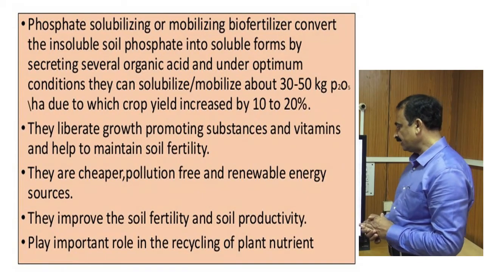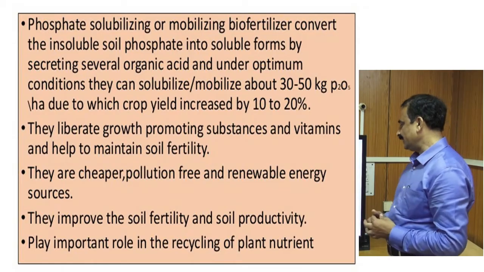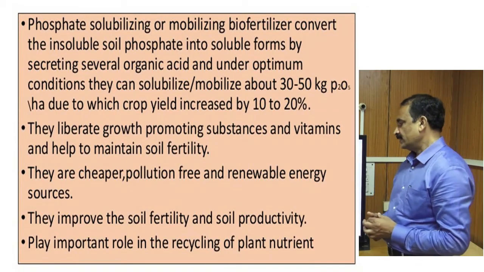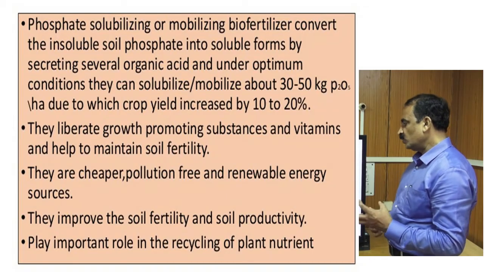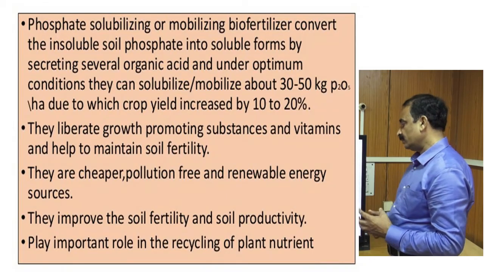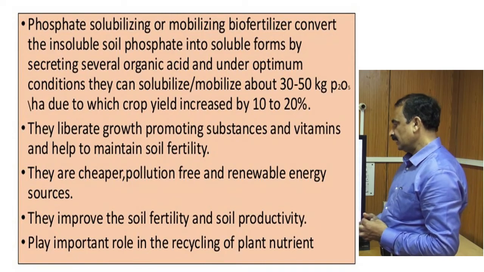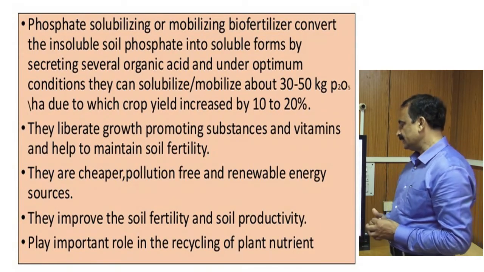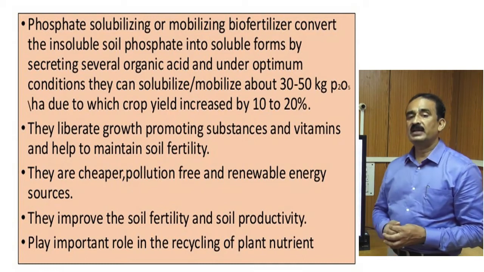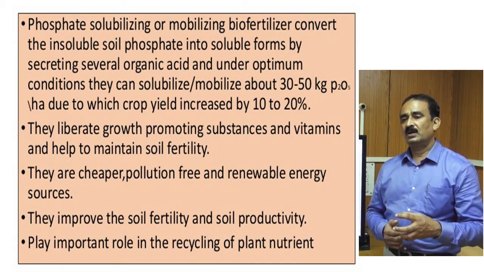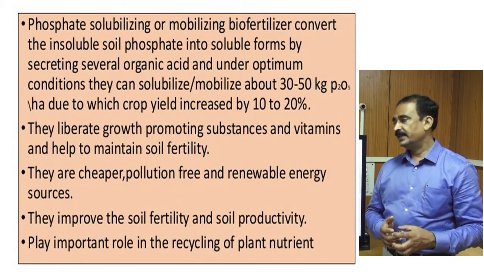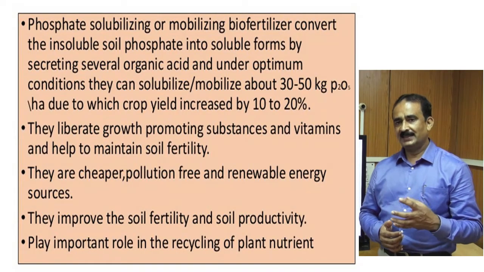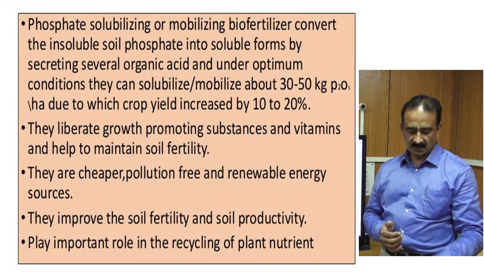It is pollution free, and you can say it is a renewable source of energy. They improve the soil fertility and soil productivity and play an important role in the cycling of plant nutrients. So altogether it is helpful for soil health as well as increasing crop productivity.